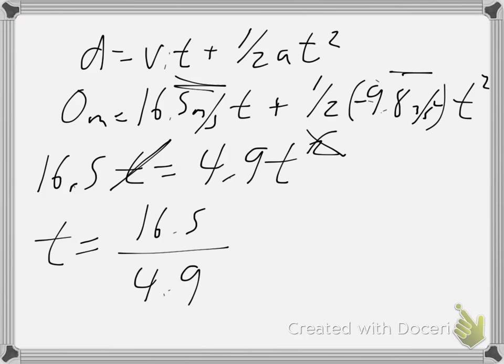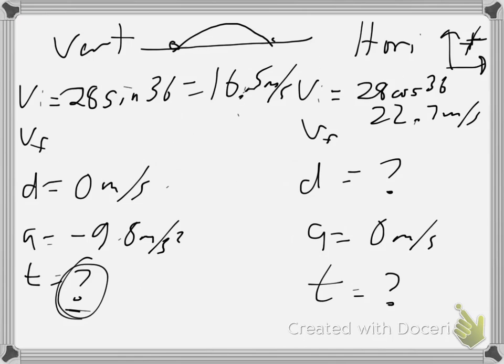And then if we solve that, 16.5 divided by 4.9, that's going to be that t is 3.36 seconds. So I can go back to this last slide and enter in 3.36 seconds there, which means this horizontal time is also going to be 3.36 seconds, because it's in the air for the same amount of time in the vertical as in the horizontal.